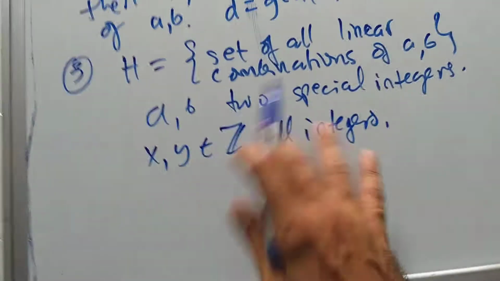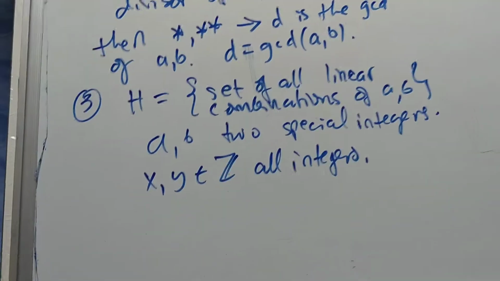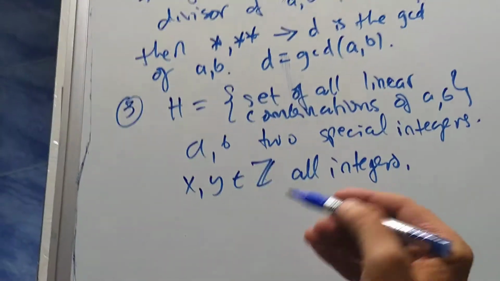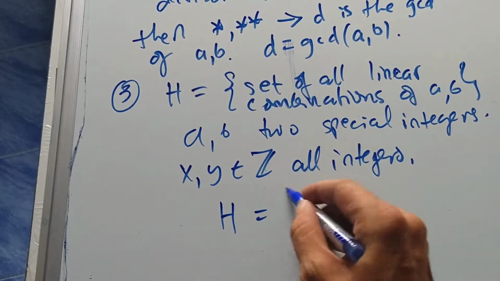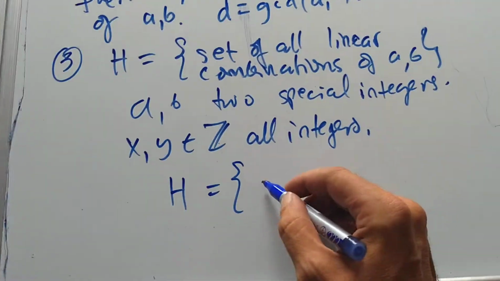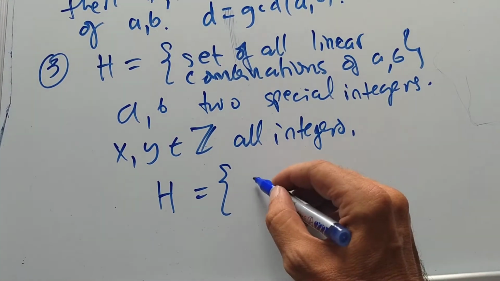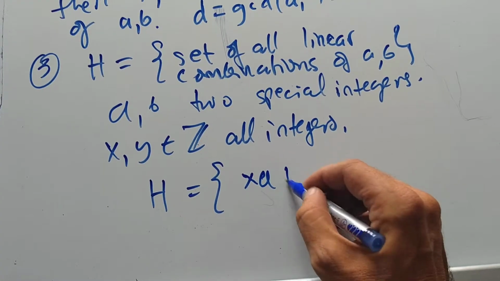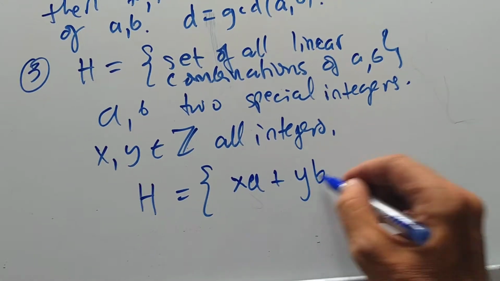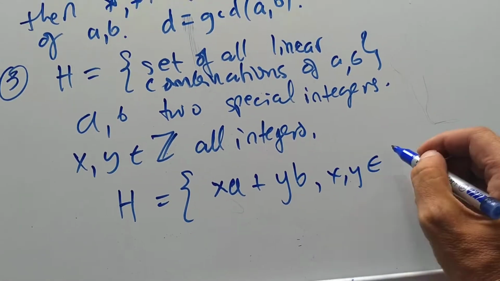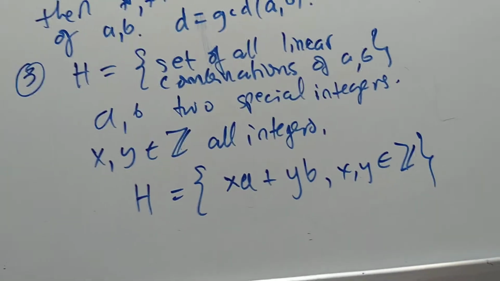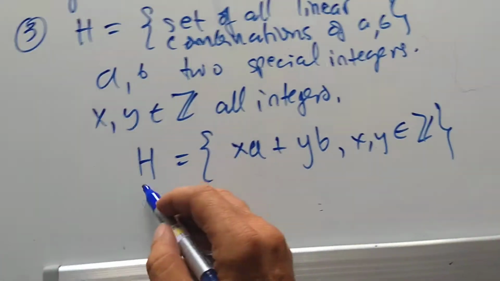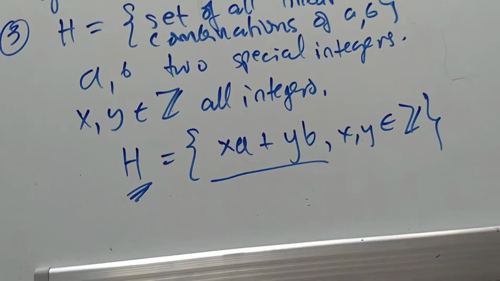We go through all the integers and create this set of combinations like this: xA plus yB with x, y in the integers. So this is the set of all linear combinations of A and B.